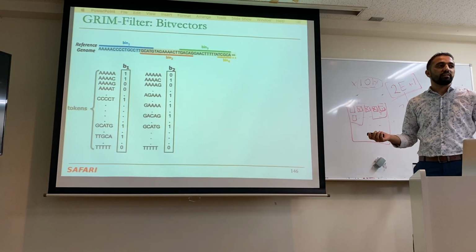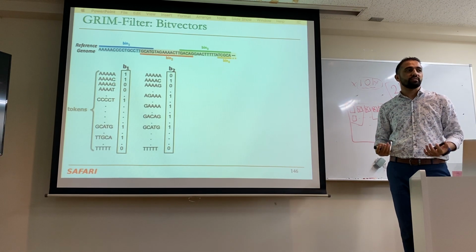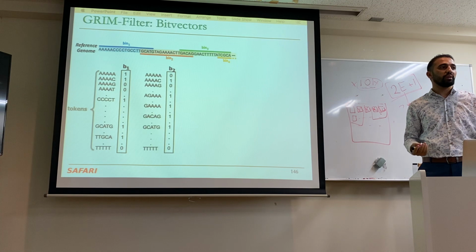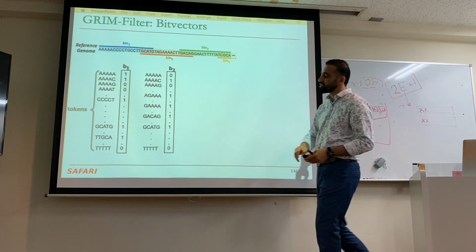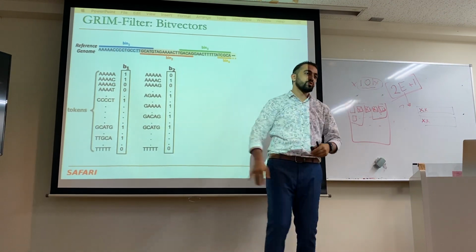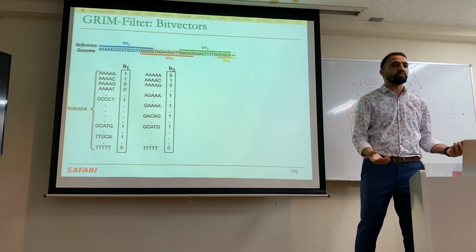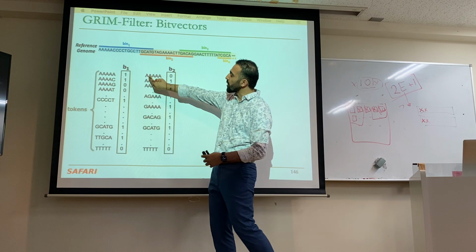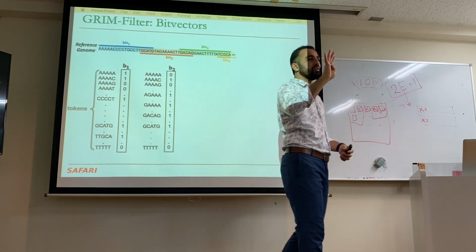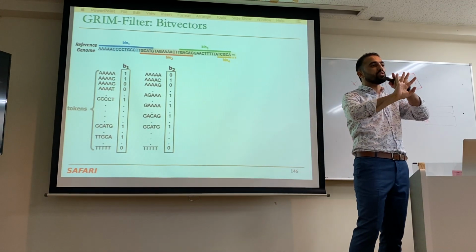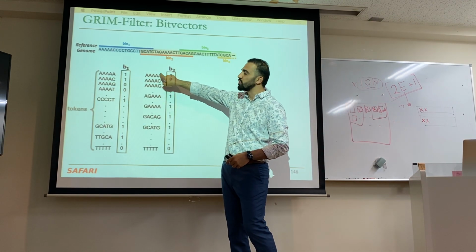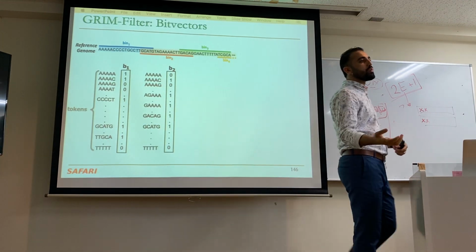And by doing that, my hash table or index structure is really minimal. It's very small, where I store just bits. And what's the length of this bit vector? Because you are smart people in statistics, you know that I'm enumerating all of these, and each character has 4 possible values, either A or C or G or T. So 4 times 4 times 4 times 4 times 4, which is 4 to the power 5.